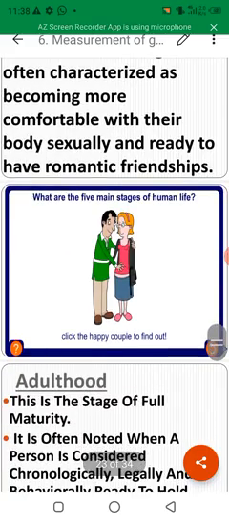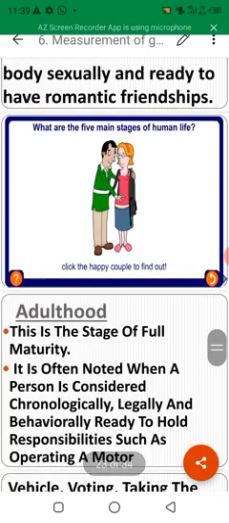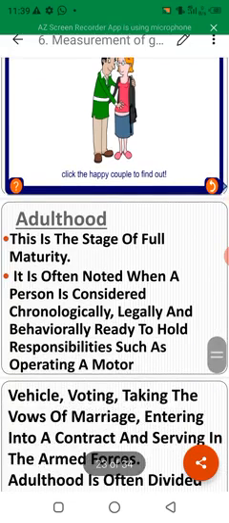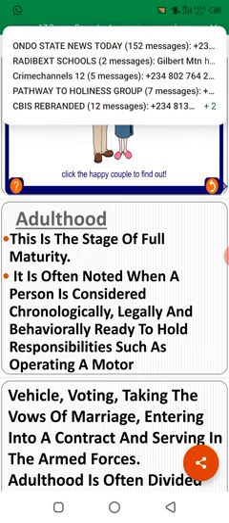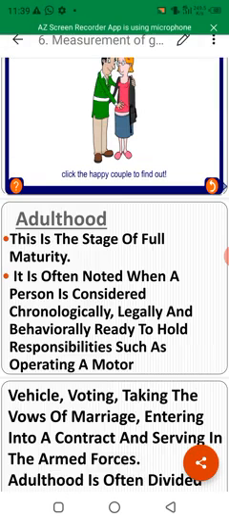This is it. Say, what are the 5 main stages of human life? So they tell us what I want you to think about. Then we move to adulthood. This is the stage of full maturity.